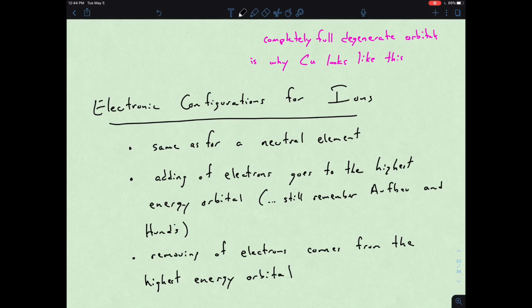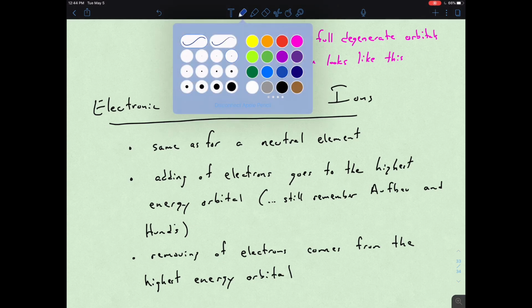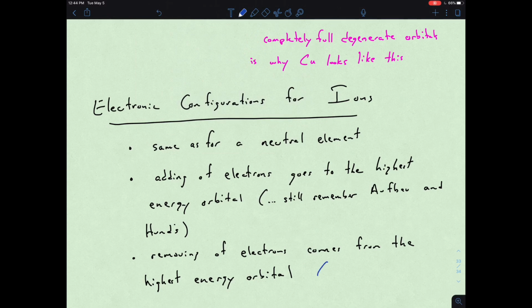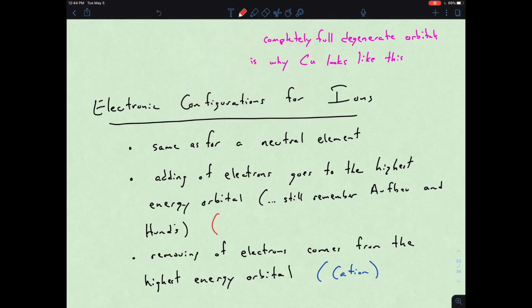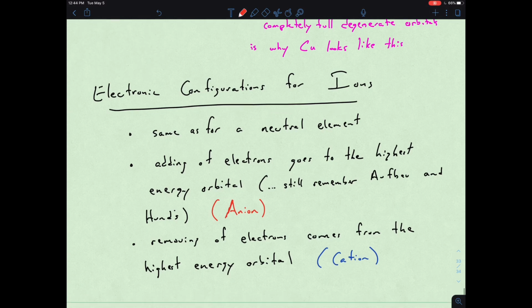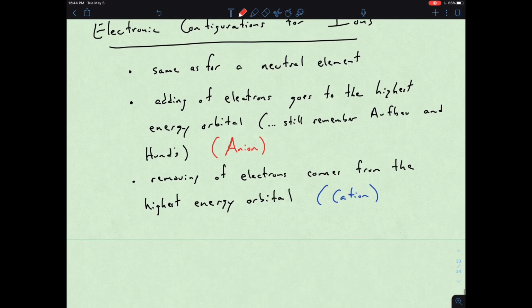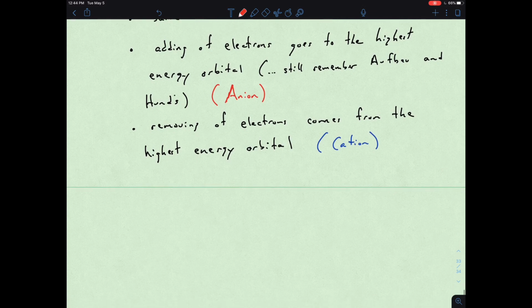And so we're talking about the difference between making a cation here in terms of removing electrons, or an anion in terms of gaining electrons. But we still do it much the same way.